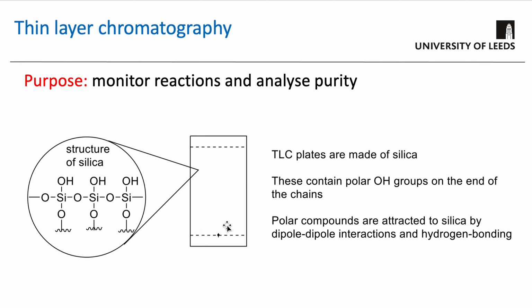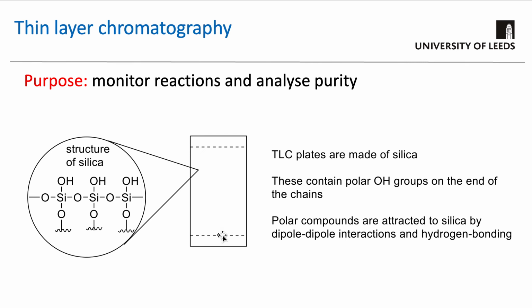It's a plate made of silica gel, and I've got a zoom in there on the structure of silica. It's a polymer with silicon, and the key things here are these polar OH groups. This is what you use instead of the filter paper in that classic felt tip pen chromatography experiment I explained before.